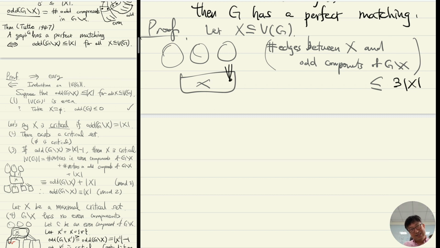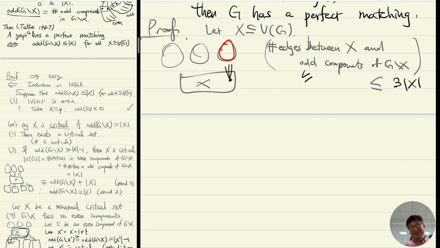So every edge is counted exactly once. For the lower bound, each component, right? If I have a component, I will have at least 3 edges.